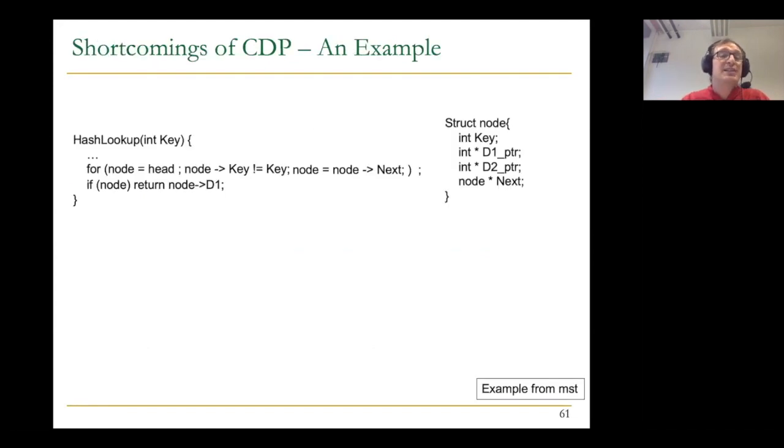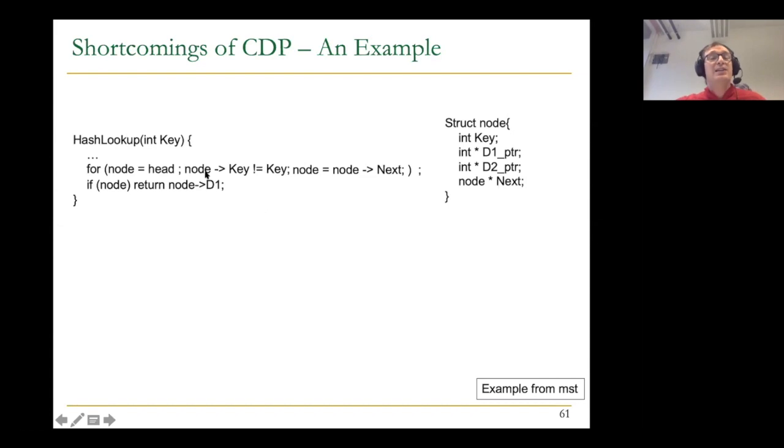I'm not going to go into details, but let me give you an example from a minimum spanning tree application. But this hash lookup exists in many applications. Basically, you're looking at a hash table bucket. You're traversing the linked list that's in that particular hash table entry, and this is what's showing the traversal.